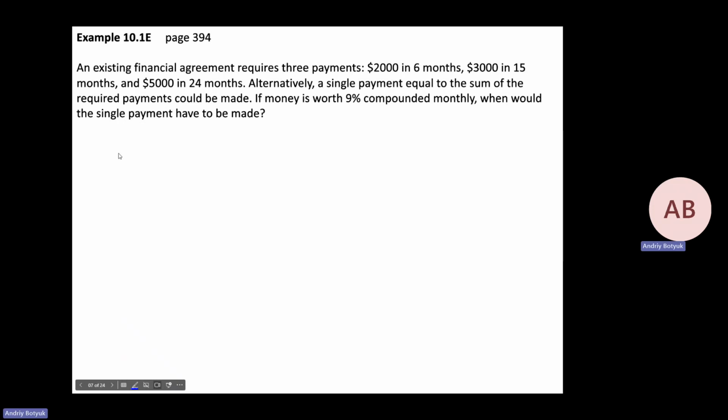So I start with picture. You guys compare your picture and my picture.